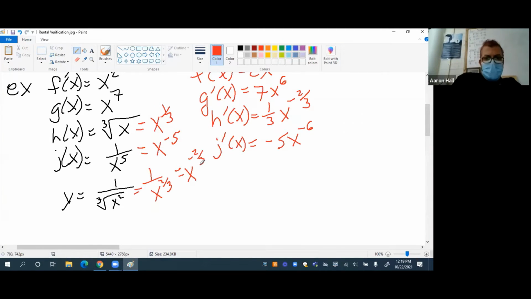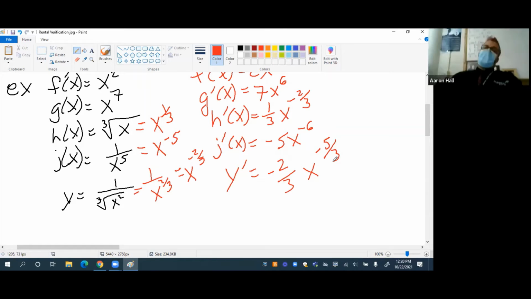Yep. So y prime is what then? It would be -2/3 x to the -5. Nice. Yeah, I agree with you. Yep. That becomes our derivative function.